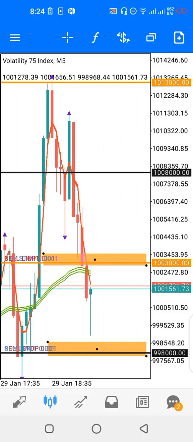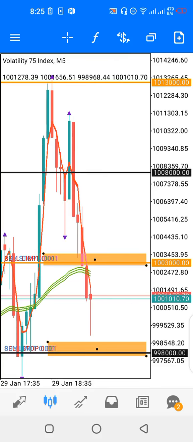After the first hedge, if the range continues, then I'll introduce another hedge, which will be my second hedge pending order.